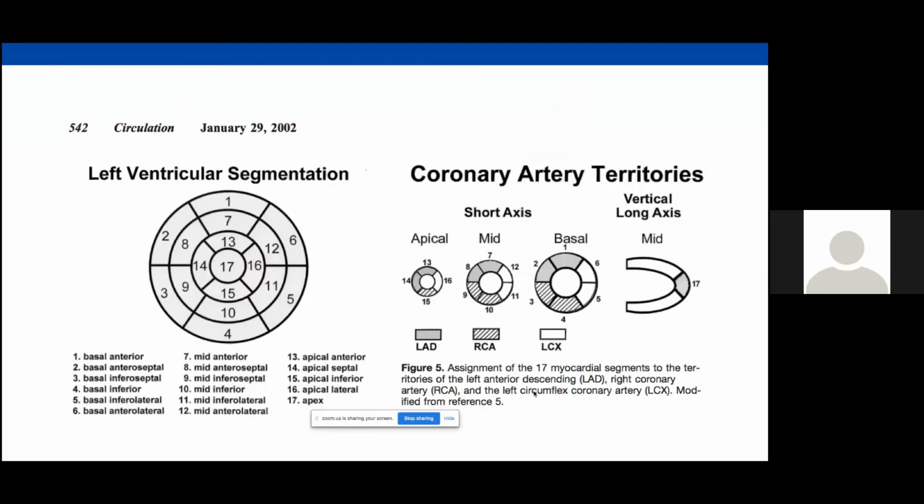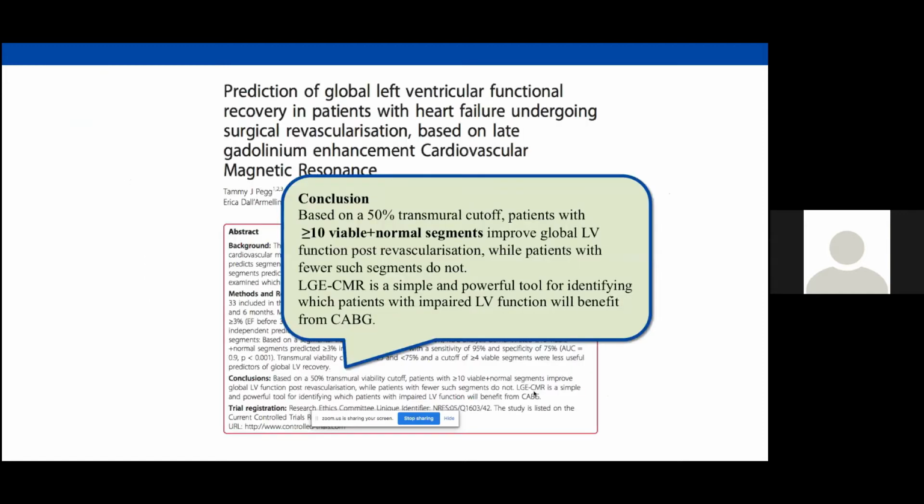For those who are not familiar with this, in practice, we divide the LV into 17 segments, and we consistently use this in all our cardiac imaging reporting. Their result shows that, based on a 50% transmural cutoff, patients with more than 10 viable segments would improve their global LV function post-bypass, while patients with fewer such segments would not.